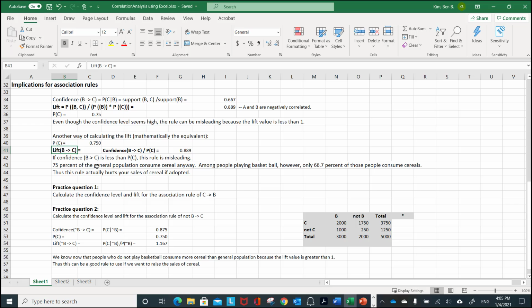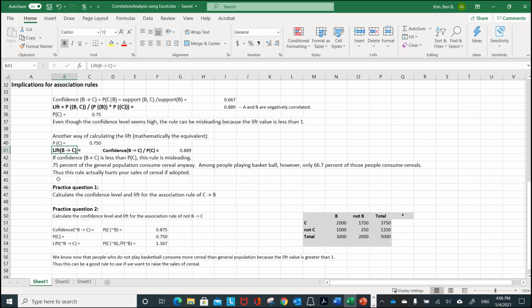Anyhow, if the confidence of B implying C is less than P(C), then this rule is misleading. Okay. And 75% of the general population consume cereal anyway. So among people playing basketball, however, only 66.7% of those people consume cereals.